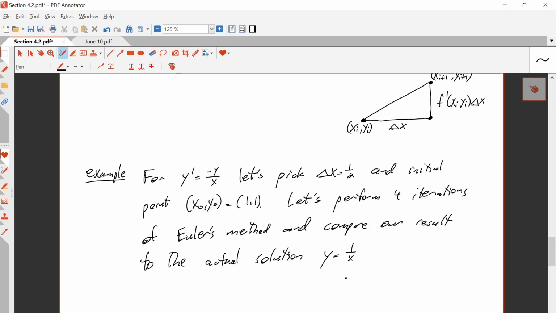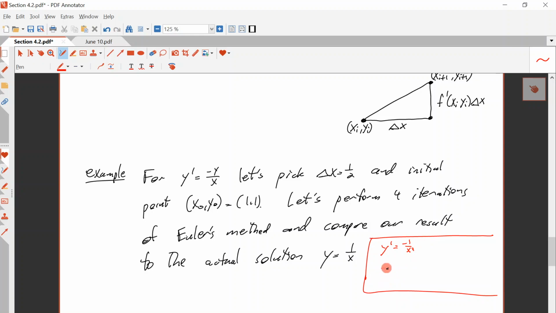Right, y equals 1 over x goes through the point 1, 1, and it satisfies this differential equation. y prime is minus 1 over x squared. Let's check it out real quick. So y prime is minus 1 over x squared.